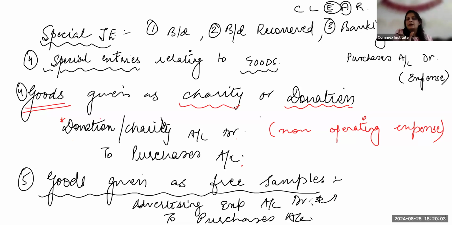Once you have named it as such, then when you're making purchases account, a purchases account जब हम बनाएंगे T format account में, it will be put on the credit side of the purchases account because purchases account is being credited. And on the credit side, what name we will put? We will be putting the name of the other account. That is the advertisement expense.